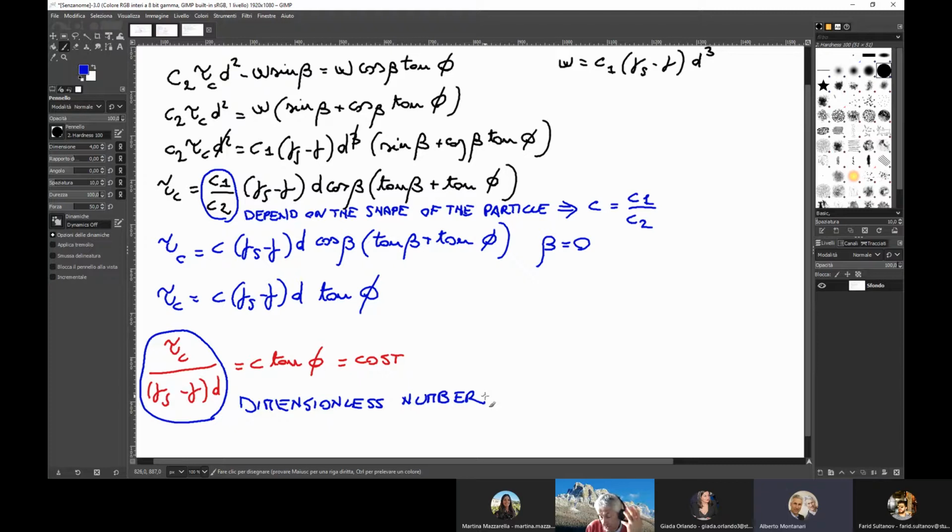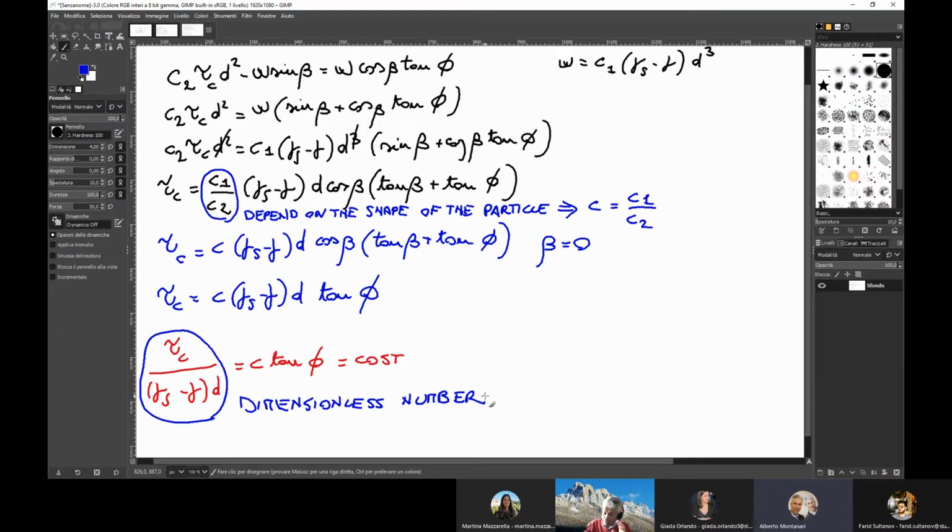And given that this is a dimensionless number, if in an experimental way or in a physical way we can find a relationship to describe this number, if we find an estimate for this constant, which is a constant across different sizes of the unit.